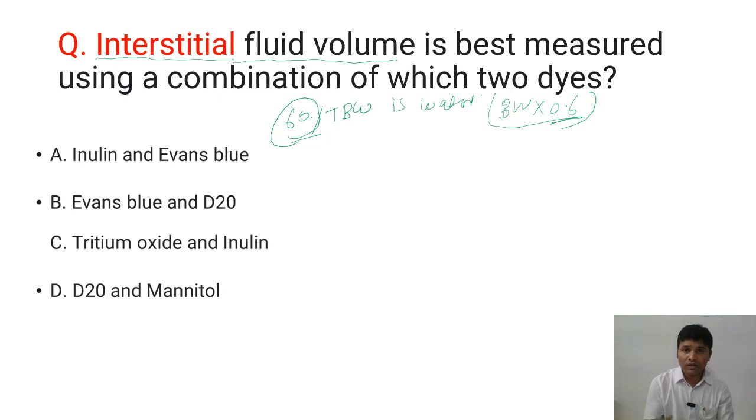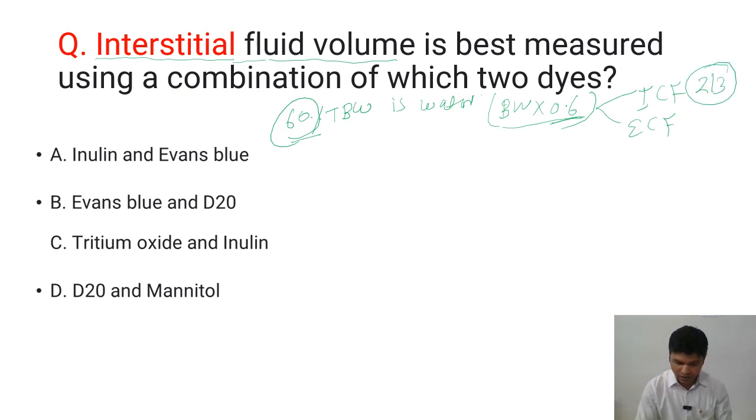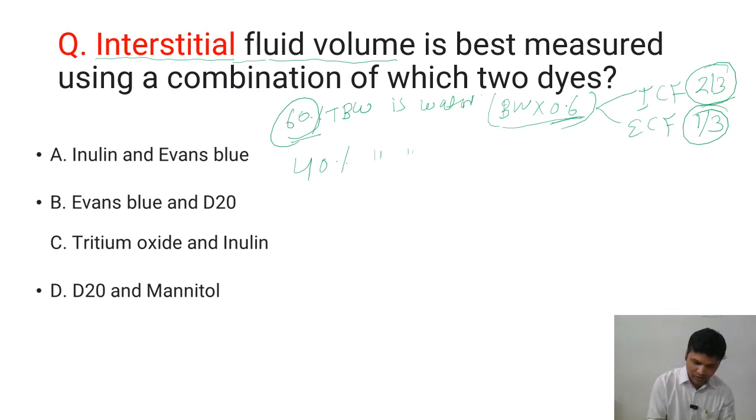And this total body water is distributed into intracellular fluid and extracellular fluid. Out of this, 2/3 is intracellular and 1/3 is extracellular fluid. 2/3 is 40% of total body water, intracellular fluid.